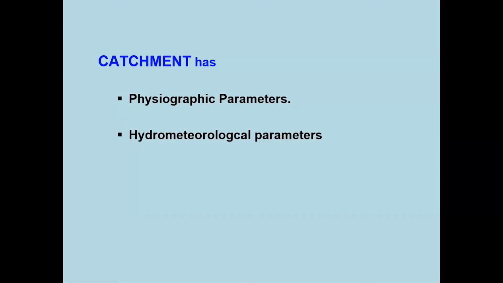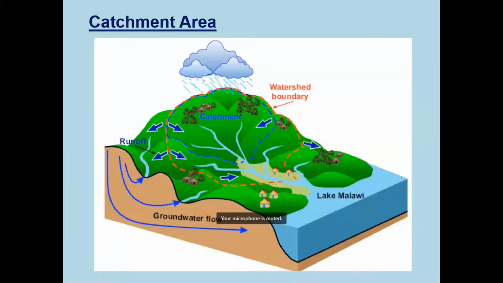The catchment has physiographic parameters and hydrometeorological parameters. So this is a catchment area, and when the rain occurs, the water will come down from the higher slope to the downstream. Like here is the blue line.